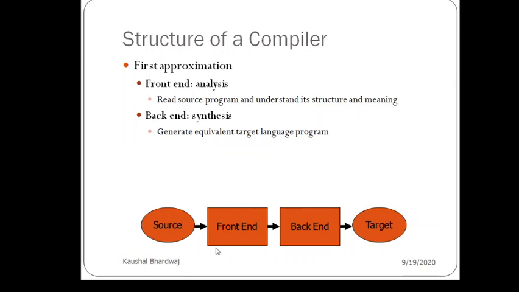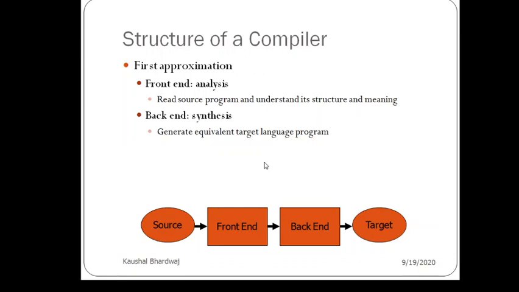The phases in the front end are responsible for reading the source program and understanding the structure and meaning of the programs. And in the backend, these phases are responsible for generating the target language program.